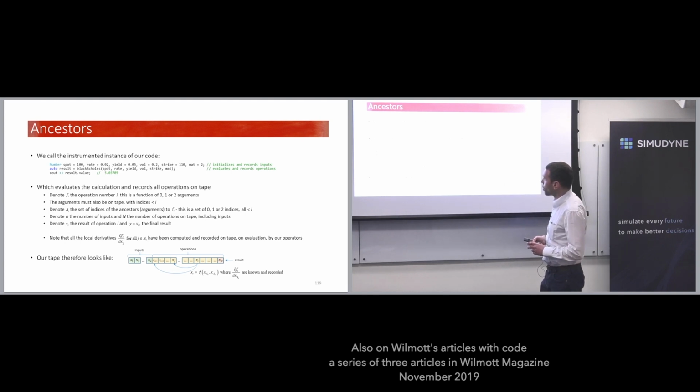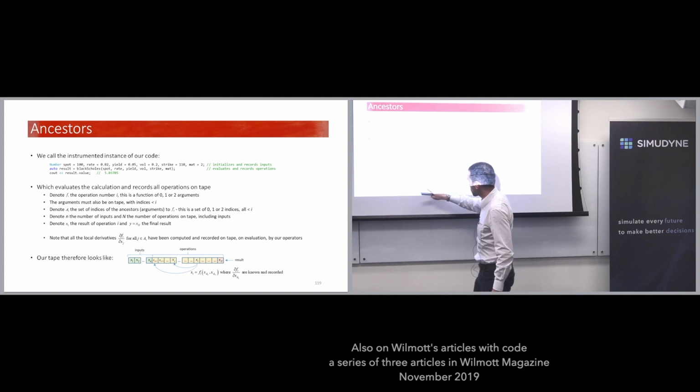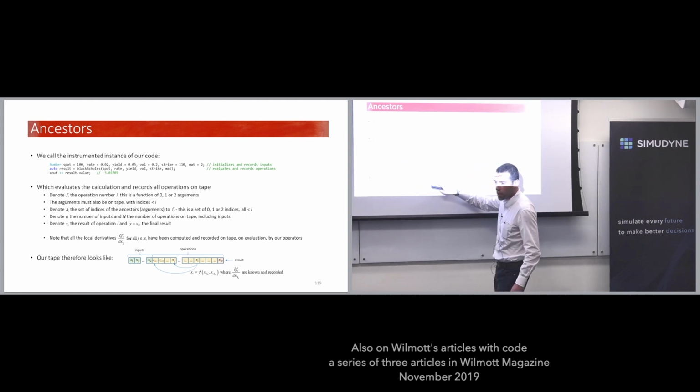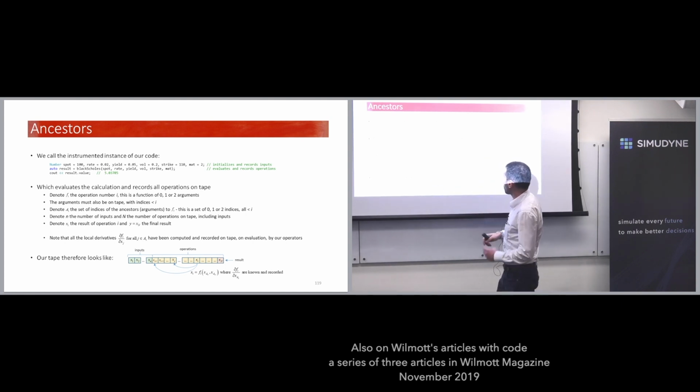Okay? We also denote n, small n, the number of inputs, so that's the number of initial inputs that don't depend on anything because they are inputs. And capital N, the total number of operations on tape, including the inputs, right?